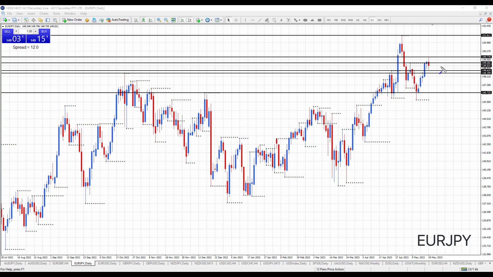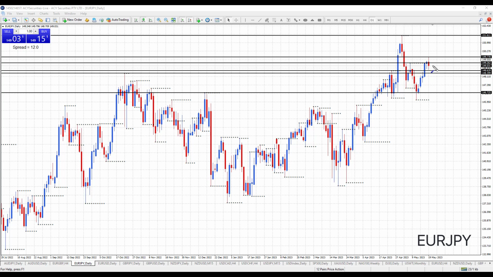Alright, moving on to Euro Yen. Now this looks like a new uptrend, however, we've just hit major monthly resistance, the February 2015 high. So will this monthly resistance hold the market? Moved back below daily resistance at 149.26 and rejected that area on Friday, so we may retest.